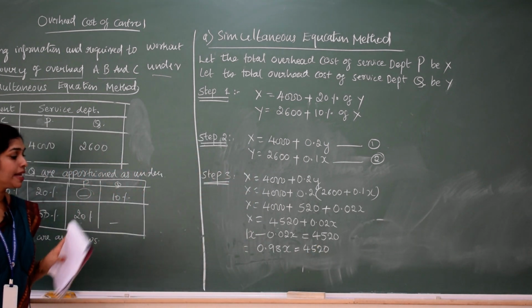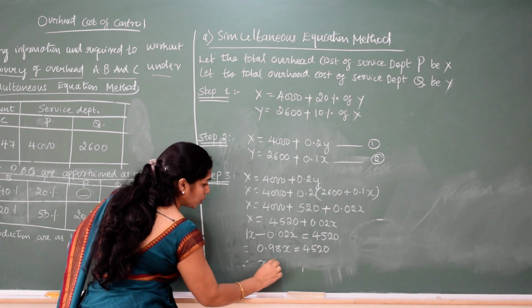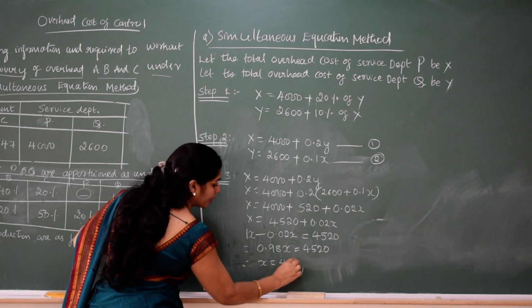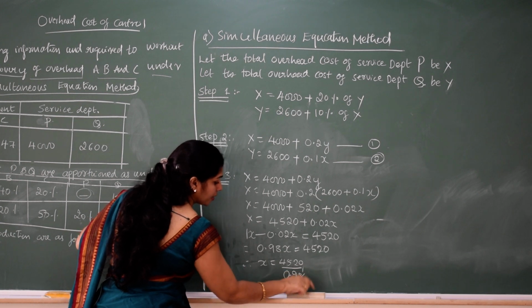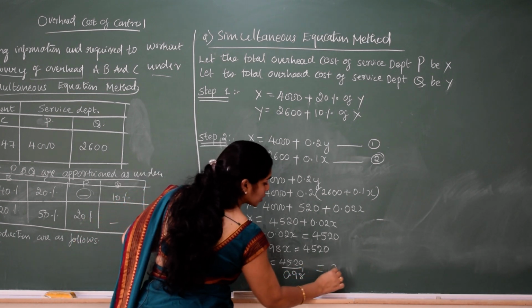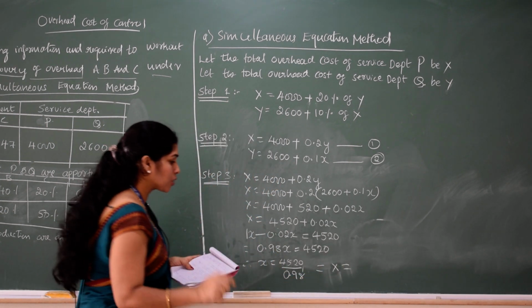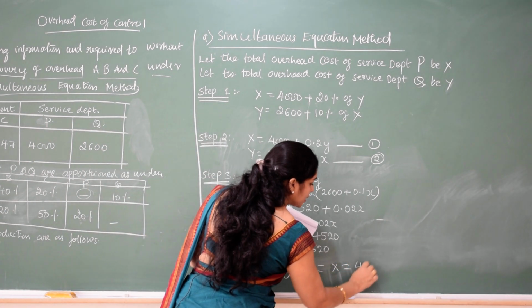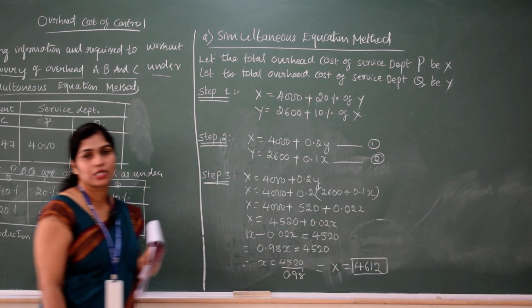You want the X value, therefore X is equal to 4520 divided by 0.98. So X is equal to 4612.